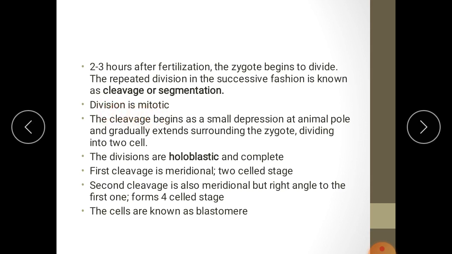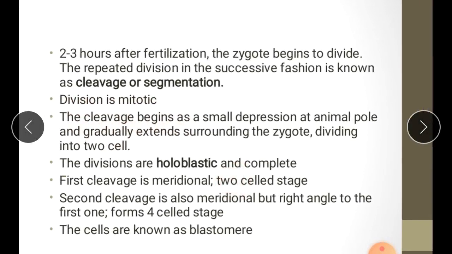The cleavage begins as a small depression at animal pole and gradually extends surrounding the zygote, dividing into two cells. The divisions are holoblastic and complete. Holoblastic means entire egg undergoes division. Such type of cleavage is called holoblastic, and complete.